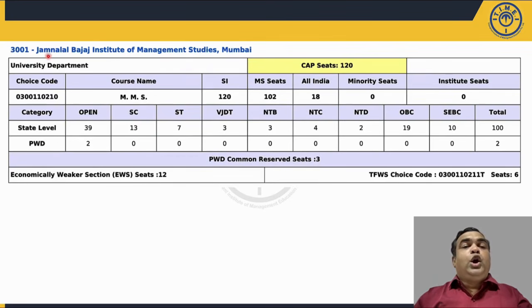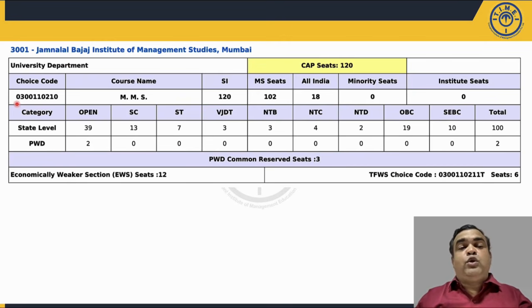Now, do I have to apply separately for that? Look at Jamnalal Bajaj Institute of Management Studies. You can see here all seats are state level seats. So if you are looking for JBIMS, your state rank will matter to get the admission. In this case, suppose you want to claim a regular seat under JBIMS.